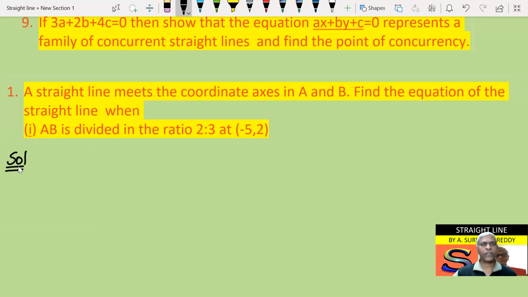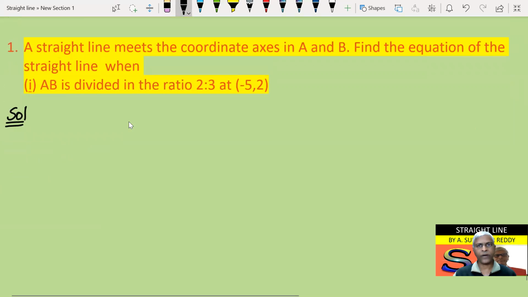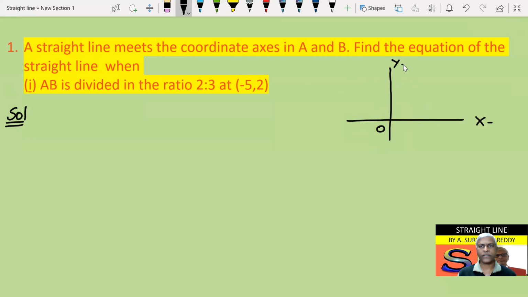A straight line meets the coordinate axis in A and B. Let us take this as x-axis and this y-axis.